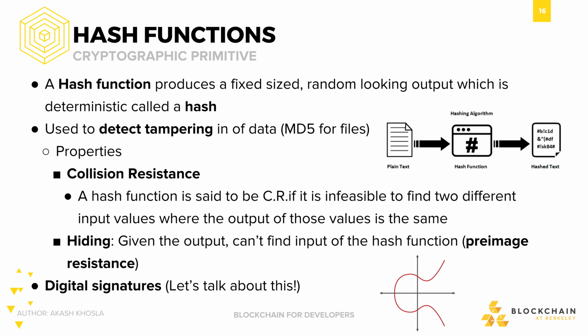Another property that's important is hiding. Given the output, you cannot find the input of the hash function. That's also known as pre-image resistance. You don't want people to be able to reverse your hash. This is because hashing is actually used for passwords.